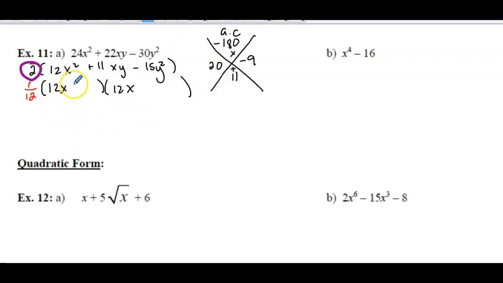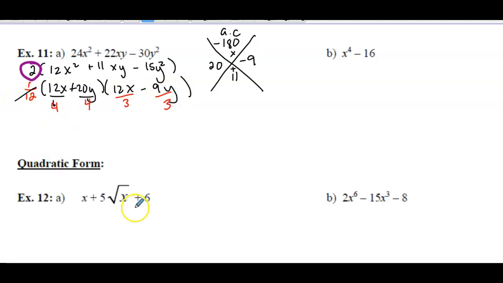And then I have a plus 20y and a subtract 9y. Then I'll take the 1/12 and I'll multiply it through. So here I can divide by 4. Let's put that in red, 4. And here I can divide by 3.